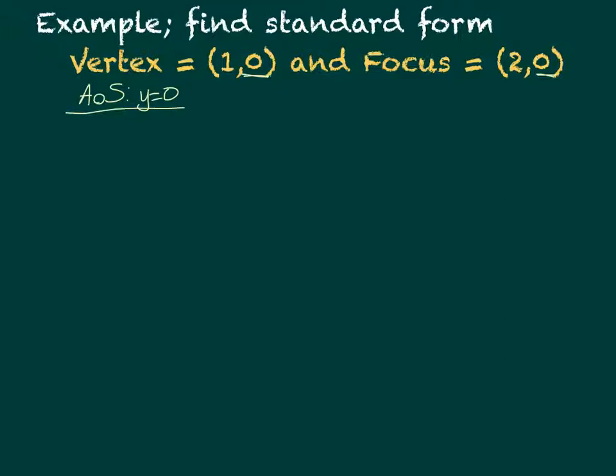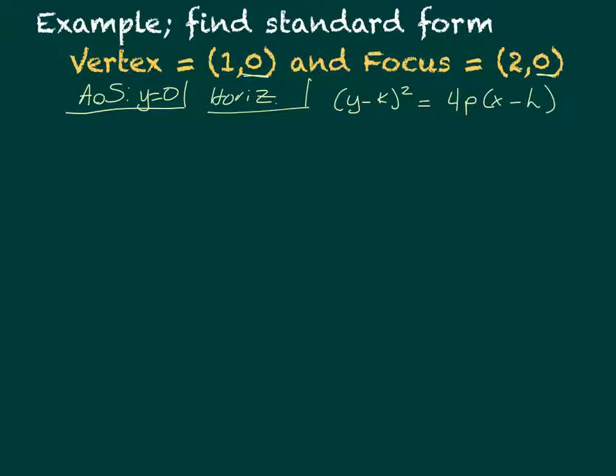Because my axis is y equals, that means it is a horizontal parabola. And if it's a horizontal parabola, that tells me that my standard form equation is y minus k quantity squared equals 4p times x minus h.